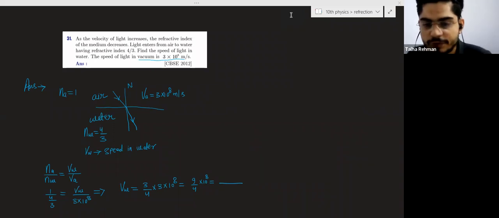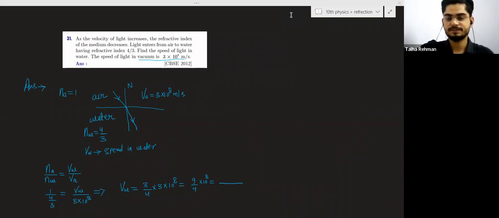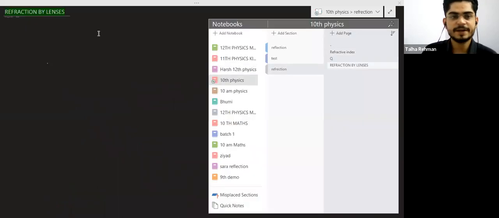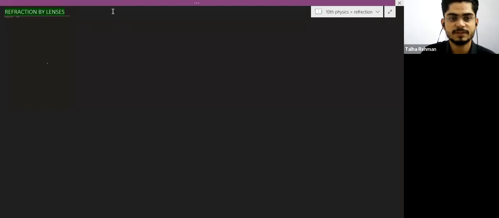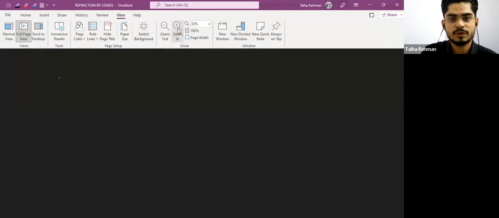Now we will discuss the lenses. We have discussed the mirrors: plane mirror, concave and convex mirror. Now we will discuss lenses. So write the heading refraction by lenses.